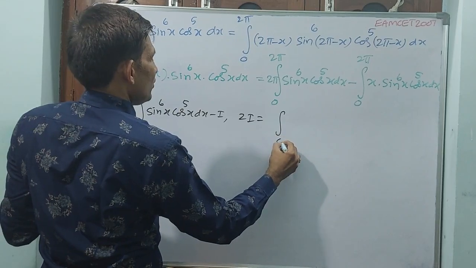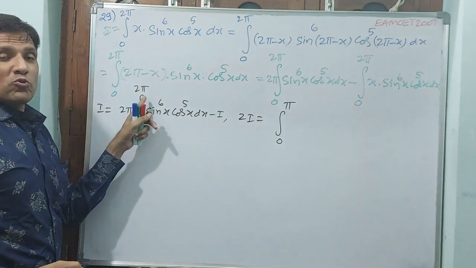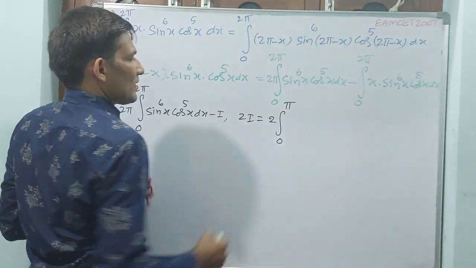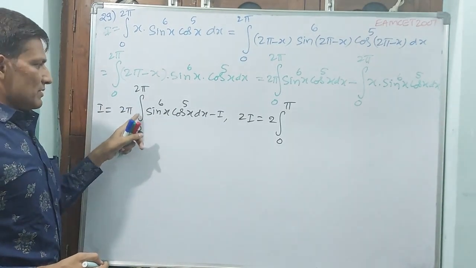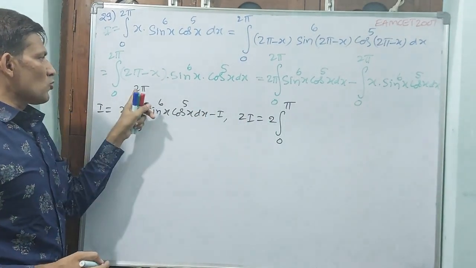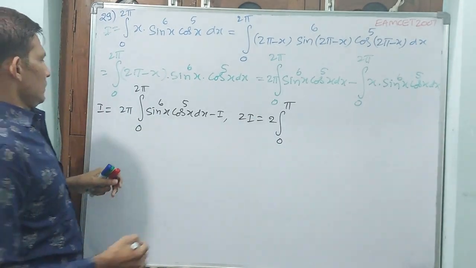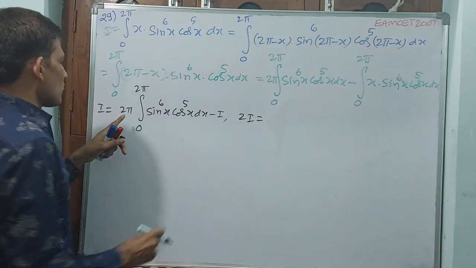integral 0 to pi. Earlier 0 to 2 pi was there, but I have reduced it by 50%, so 2 times I will make it: 0 to 2 pi one time, 0 to pi two times. Wait a minute, why? Because 2 pi also I have to write.